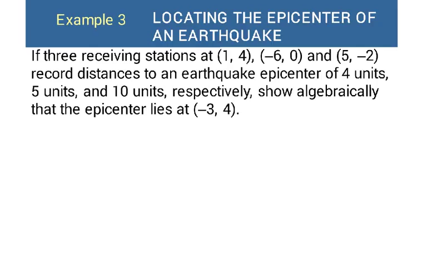Okay, so what we're going to do is determine the equation for each circle, then substitute in this (-3, 4) for our x and y values to see if the point lies on all 3 of our graphs.